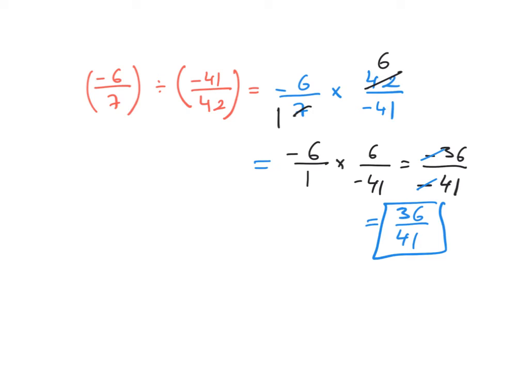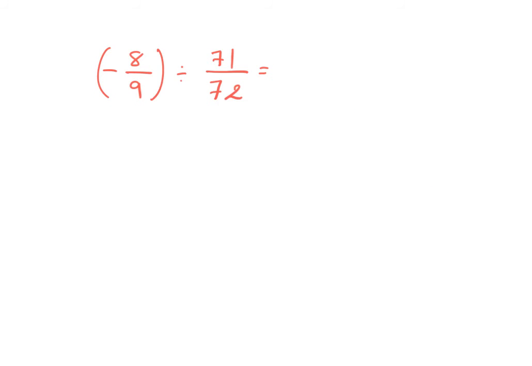All right, let's take this example again. We get negative 8 over 9 divided by 71 over 72. We keep the first fraction, change the division to multiplication, then flip the second fraction, the reciprocal of the second fraction. Again, I can simplify. There is a connection between 9 and 72: 8 times 9 is 72.